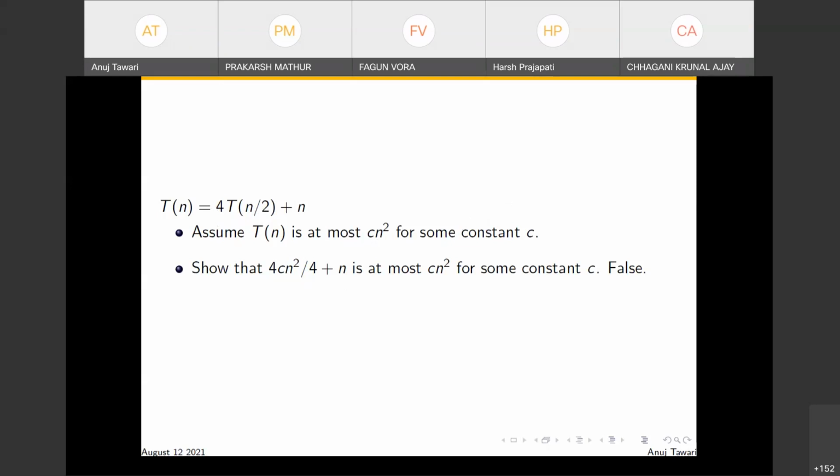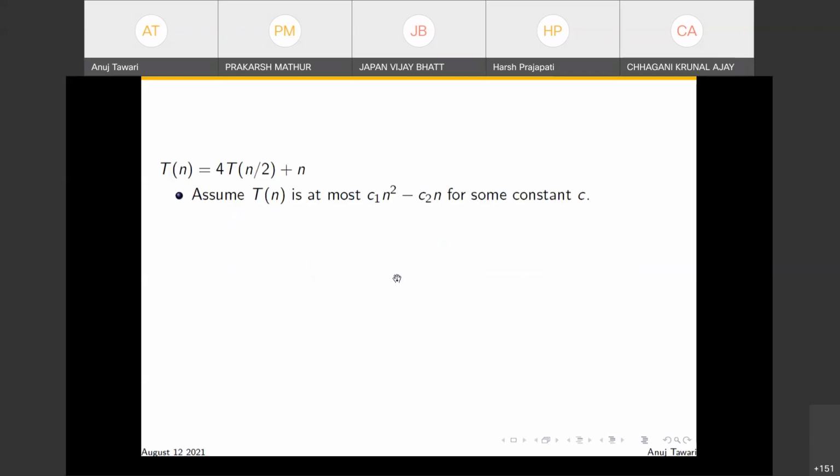No, because the problem here is that you are picking T(n) at most c n square. But there could be some linear terms also, linear terms and constant terms. So if T(n) is big O of n square, don't assume that T(n) is at most some constant times n square. It could be of this form also: T(n) is at most c1 n square minus c2 n.